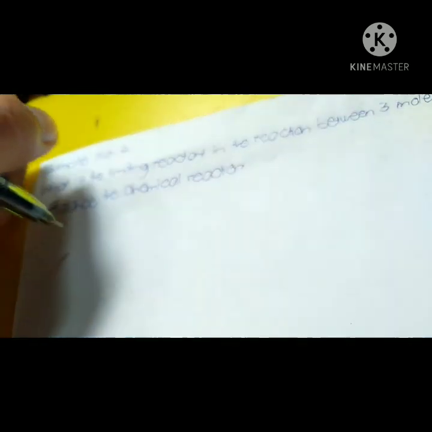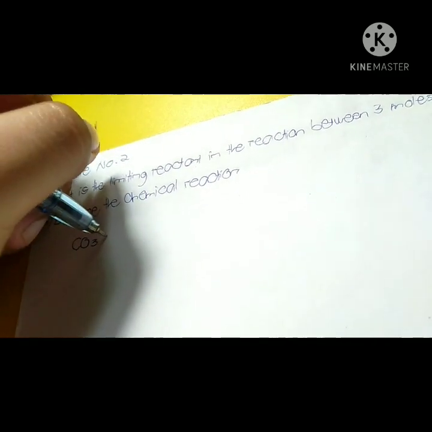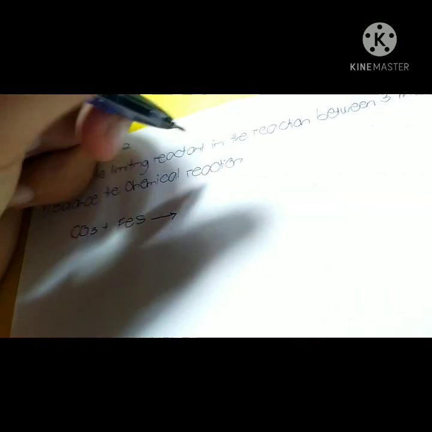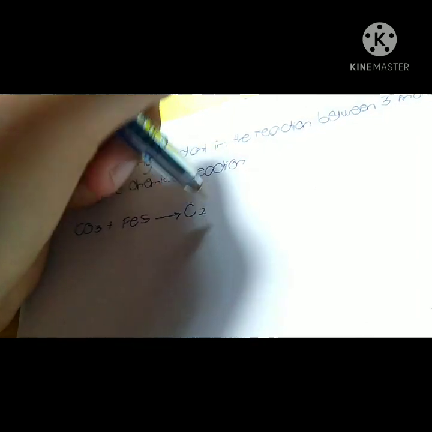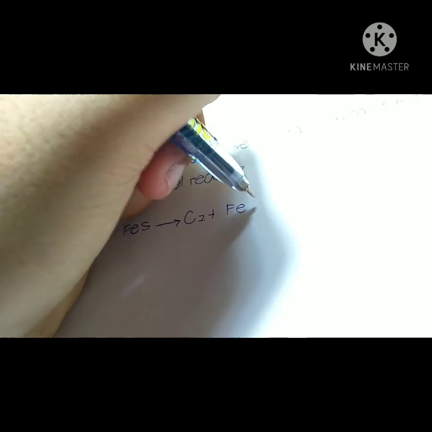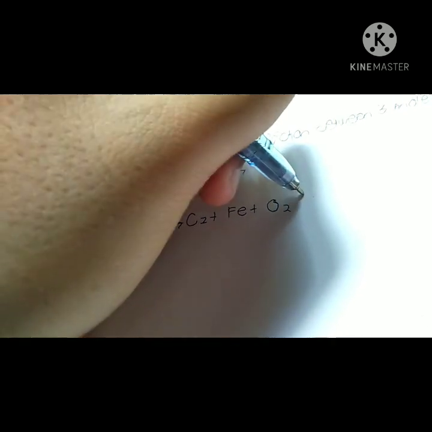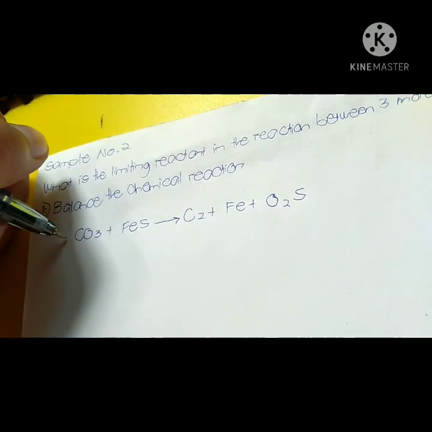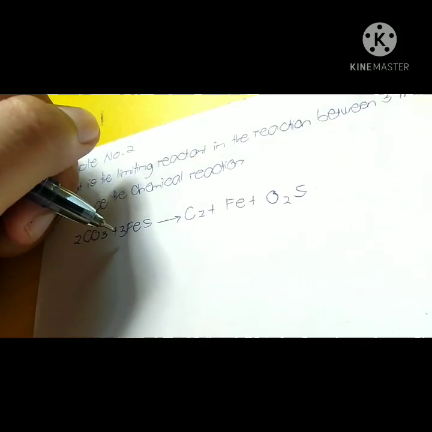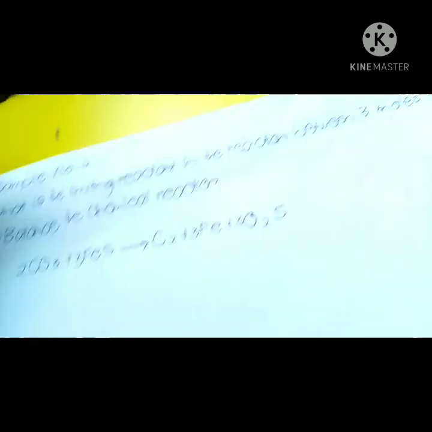So we put CO2 plus FeS gives CO2 plus Fe plus O2. The coefficient of CO2 is 2, and Fe is 3, here also is 3, and 3.